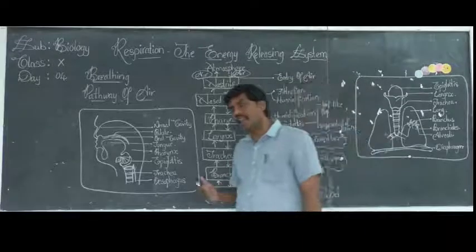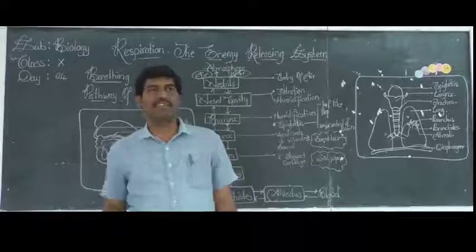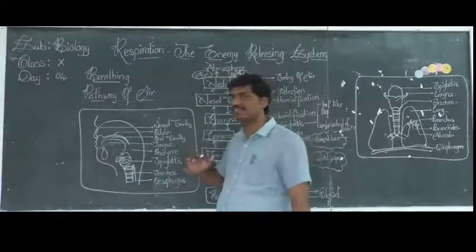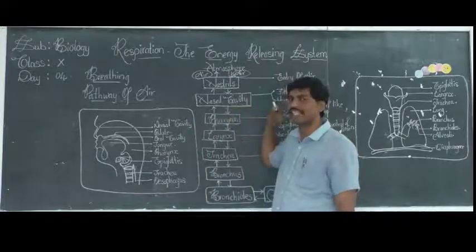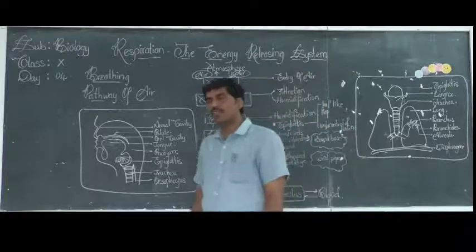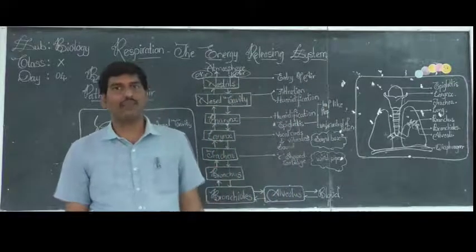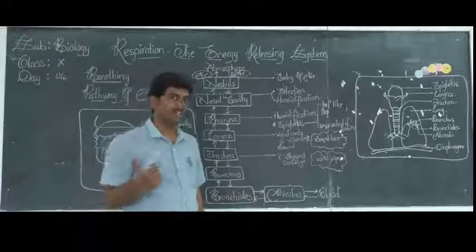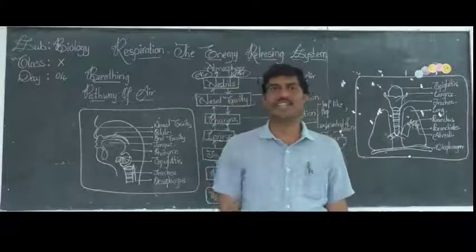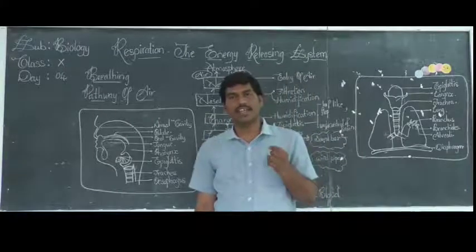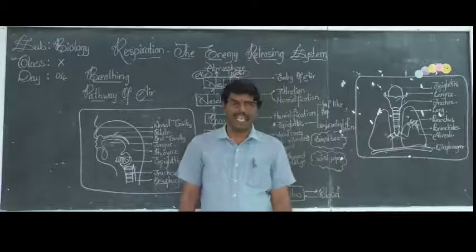As the air makes its entry into the nostrils, the nostrils lead into a cavity which is called the nasal cavity. In the same way we have 2 nasal cavities. The right external nares, or the right nostril, leads into the right nasal cavity, whereas the left nostril leads into the left nasal cavity.